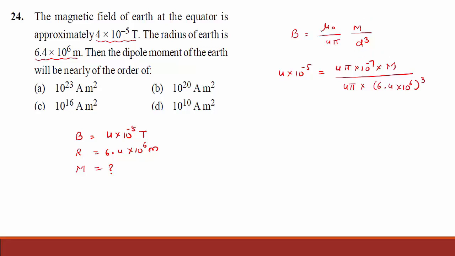So either you can write R or D here. This is the radius of the earth, that is R cube. So therefore, after calculating all this value, we will get the magnetic dipole. The dipole moment of the earth is nearly equivalent to 10 raised to 23 ampere meter square. It is of the order 1 into 10 raised to 23. That means option A is correct.